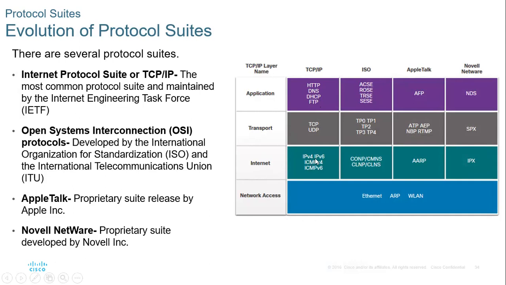The internet layer consists of IPv4, IPv6, ICMP version 4, ICMP version 6. The network access layer consists of Ethernet, ARP, WLAN. These are the commonly used protocols.